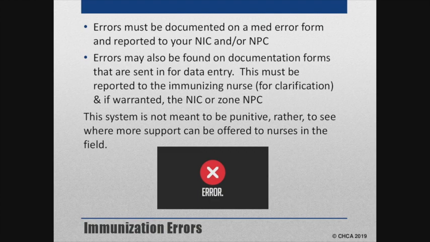This must be reported to the immunizing nurse for clarification, and if warranted, the NIC or the NPC should certainly be informed. The system is not meant to be punitive, it's rather a way to learn to hopefully prevent these occurrences from happening in the future.